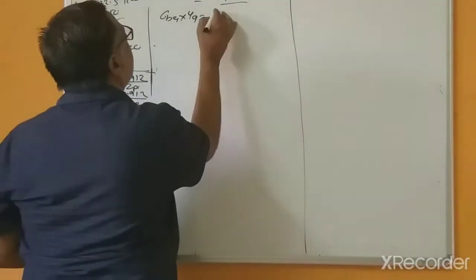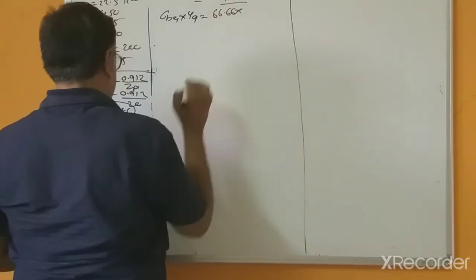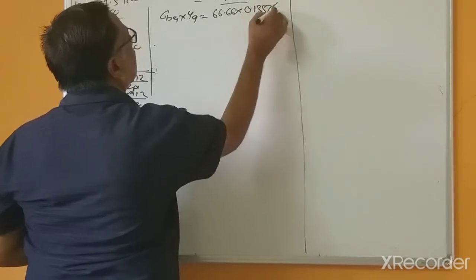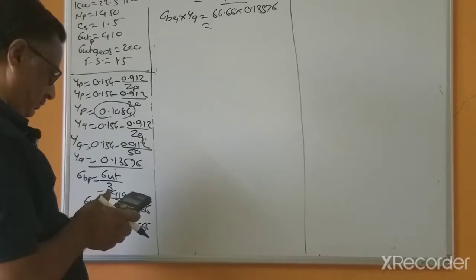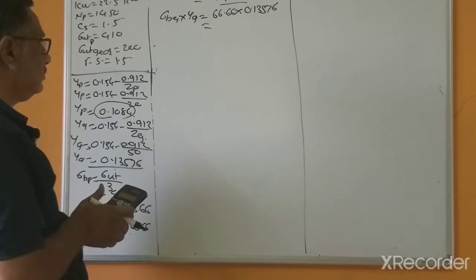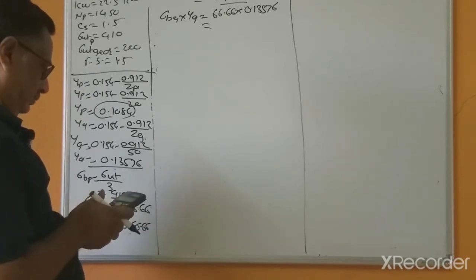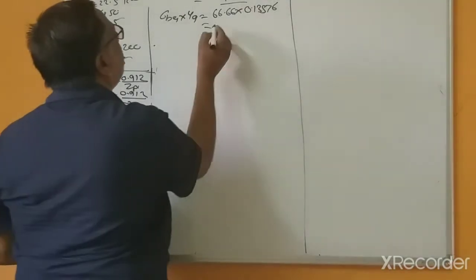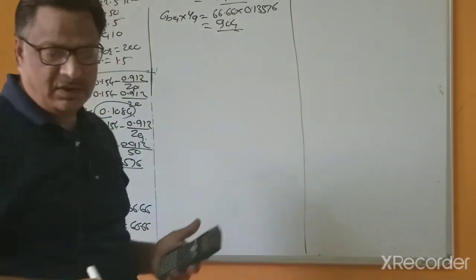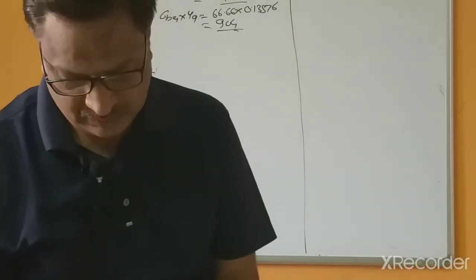Similarly, 66.66 multiplied by YG, this is 9.04. So that's why design is based on gear.